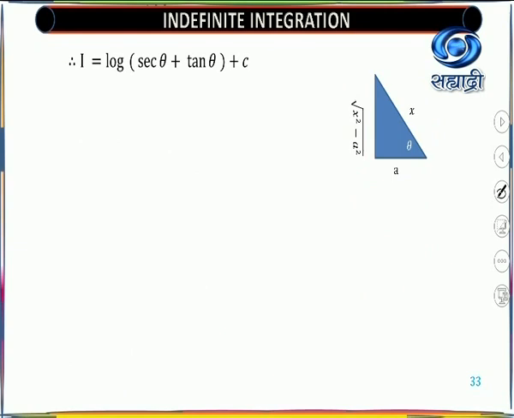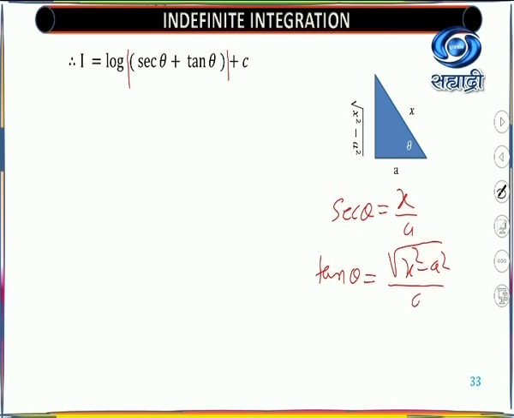Now look at here, you will get directly the formula, that is log of sec theta plus tan theta. Here from the triangle only we'll substitute the value, because we know that sec theta is equal to x upon a. And now tan theta is nothing but opposite side upon adjacent side, that is root of x square minus a square upon a.